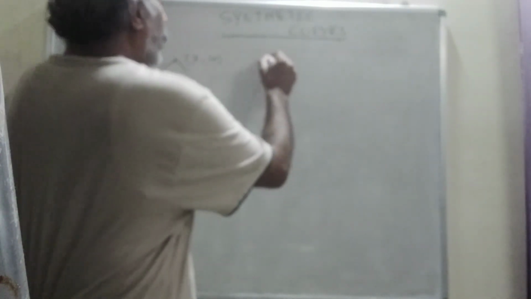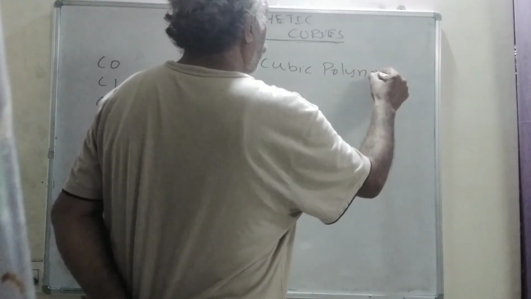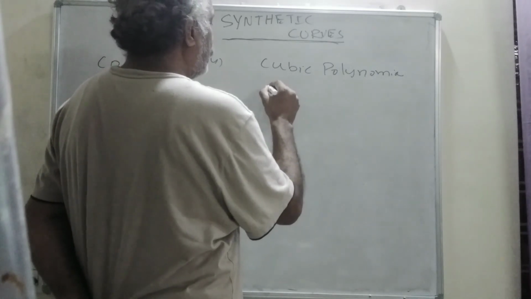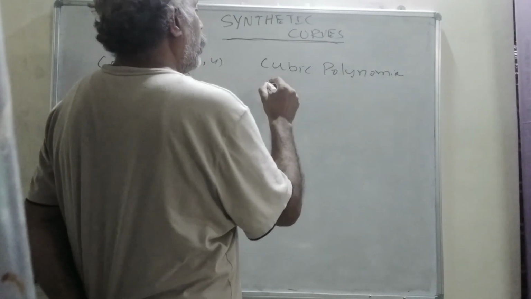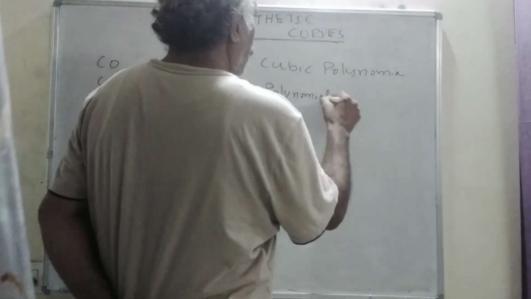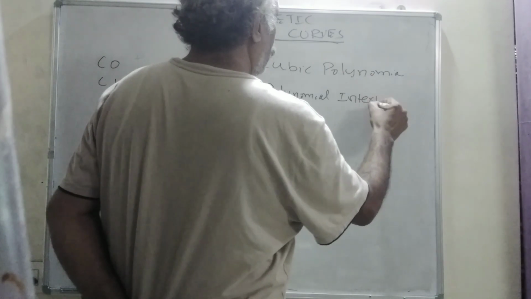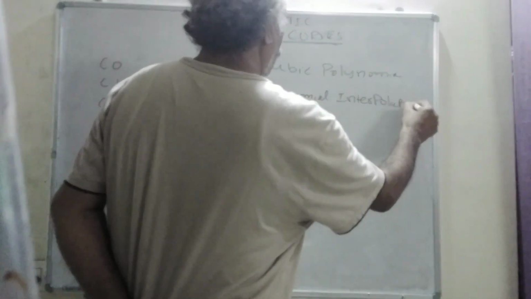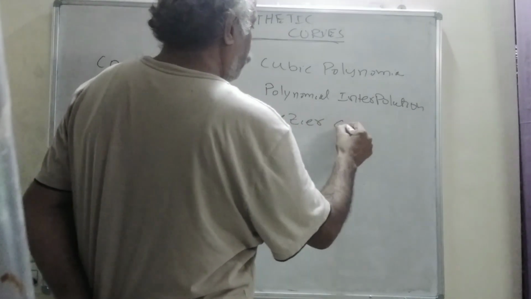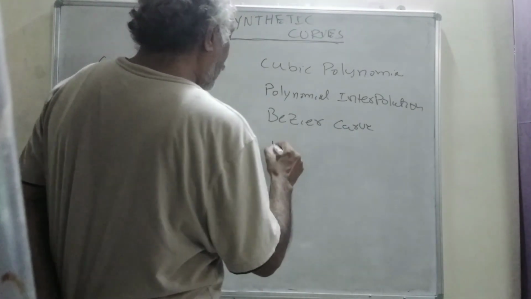So the synthetic curves are the curves which have higher degrees: the cubic polynomial, second, polynomial interpolation, and Bezier curve, B-spline curve.